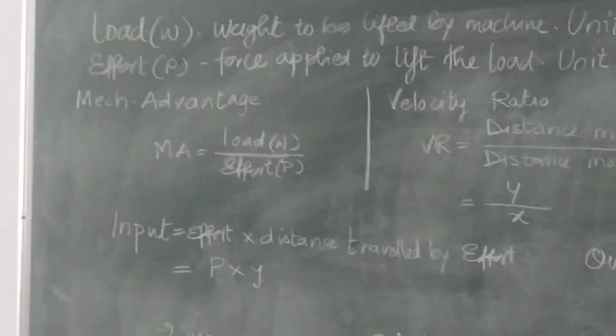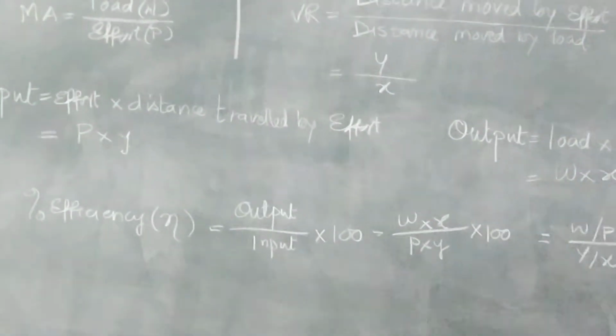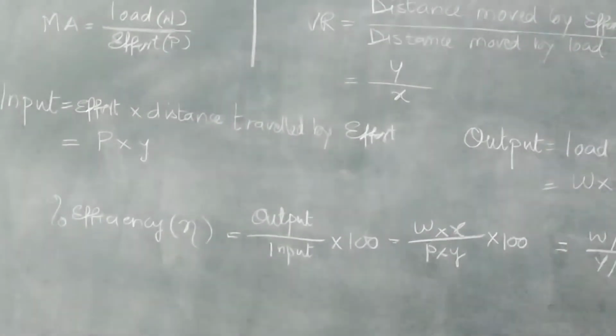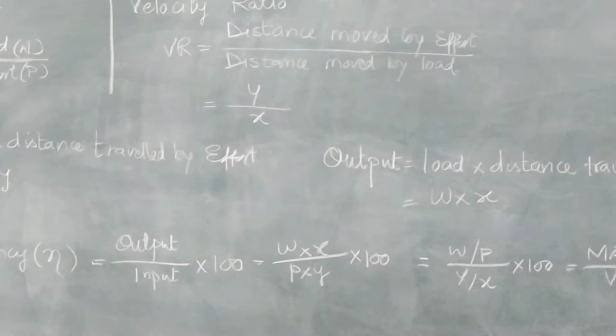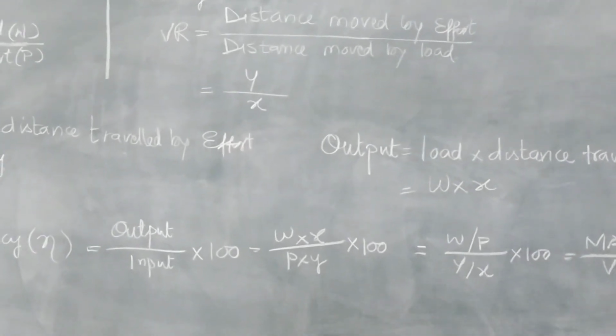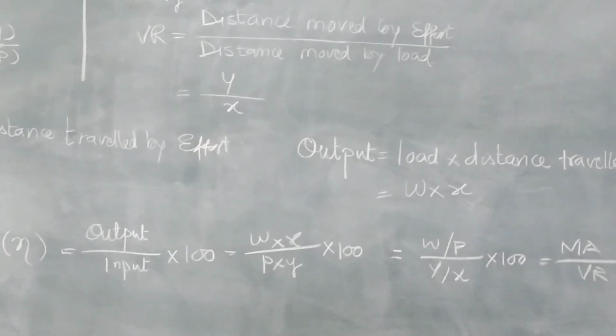Output is load into distance travelled by load, and input is effort into distance travelled by effort. So, output upon input is nothing but W into X upon P into Y, into 100. That is nothing but W upon P in the numerator divided by Y upon X in the denominator.